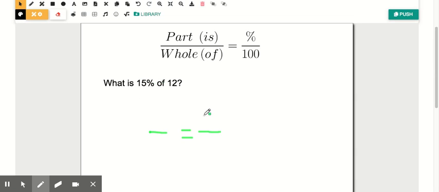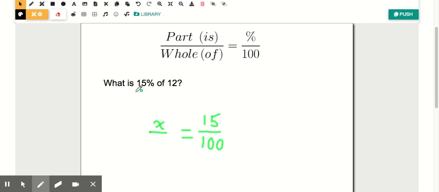I already have my percent, so I'm going to put that over here, and percents are always out of 100. What is? I don't know what it is, so I'm always going to put X up there because we like to use X as our missing variable.